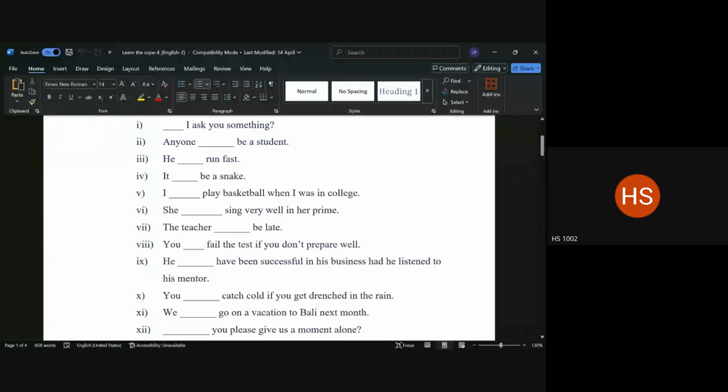So while will is grammatically right here, it's not the best choice when asked to fill in with a modal verb. But the rest of the options are all okay. The teacher may be late, might be late, could be late, right? All of those are indicative of possibilities, likelihood or expectations, so they're fine.